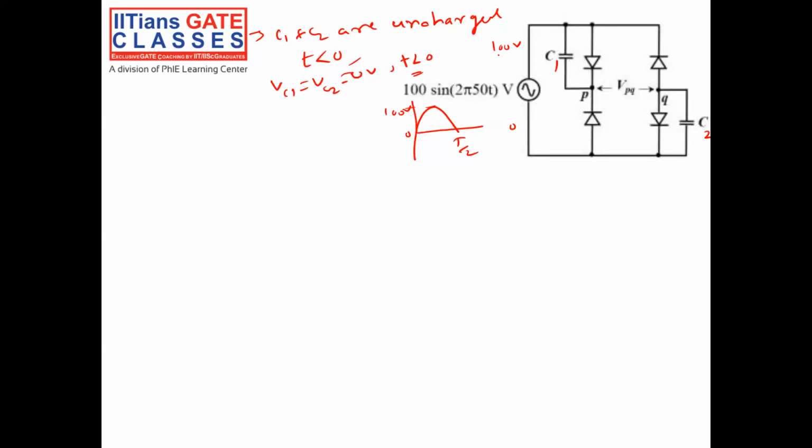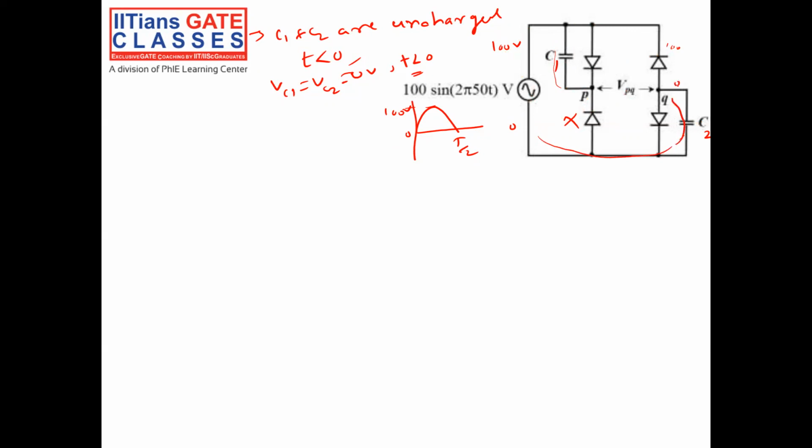When I apply 100 volt, it will directly come here, since Vc is 0. So Vp will be 100 volt, and the diode will be reverse biased. Similarly, 100 volt is coming here, and 0 volt comes here since VC is 0 initially.